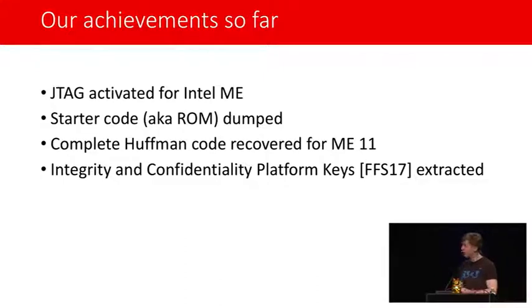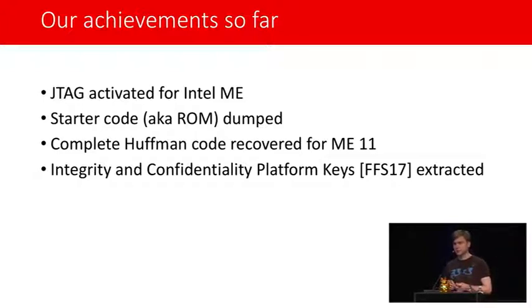And our achievement, JTAG activation. We achieved JTAG with respect to the vulnerability. In addition, we activated JTAG for ME. Also, we dumped the ME boot ROM code and found the way to extract the platform's key used by the flash file system.